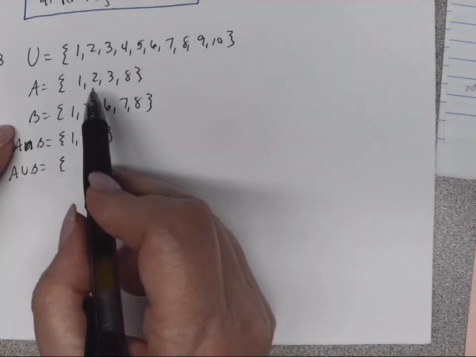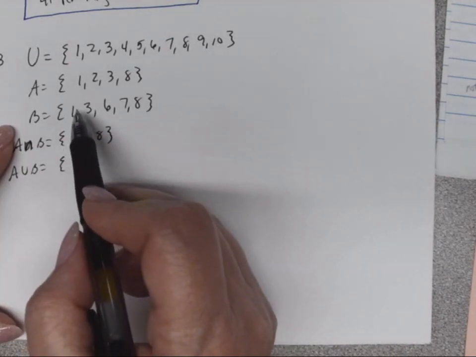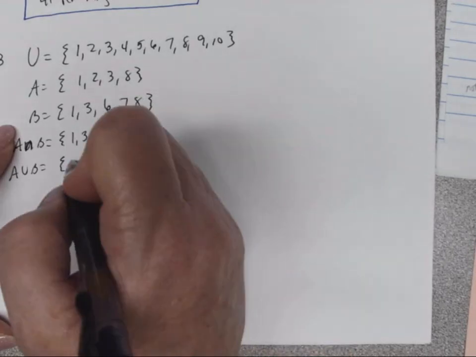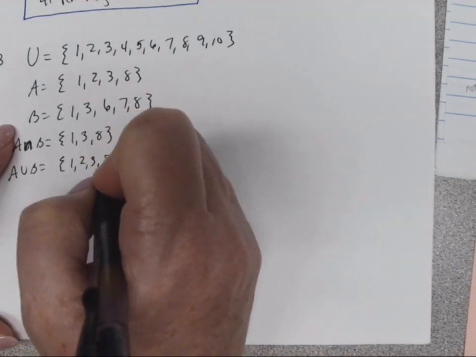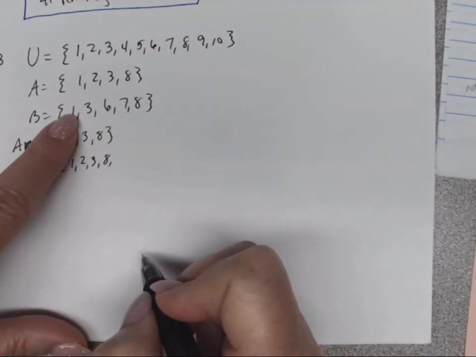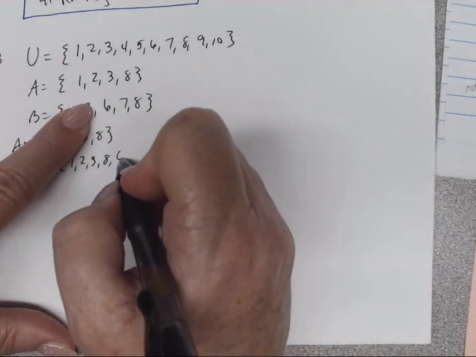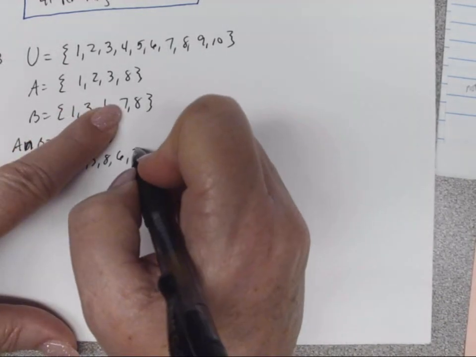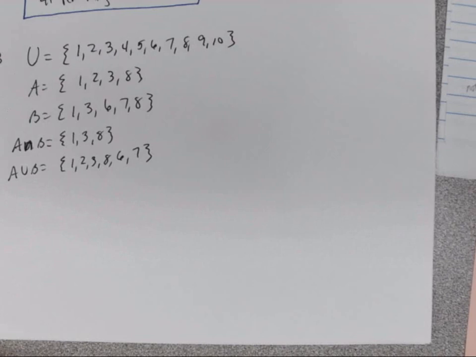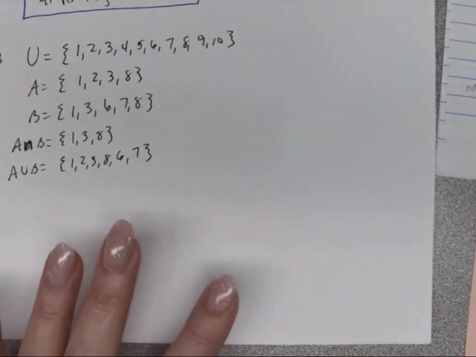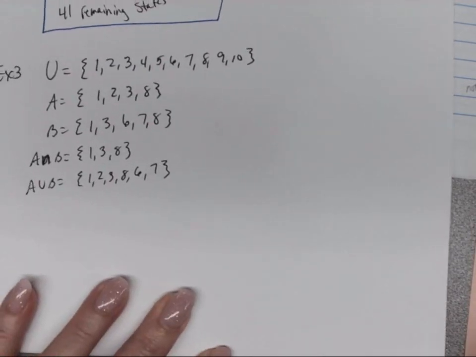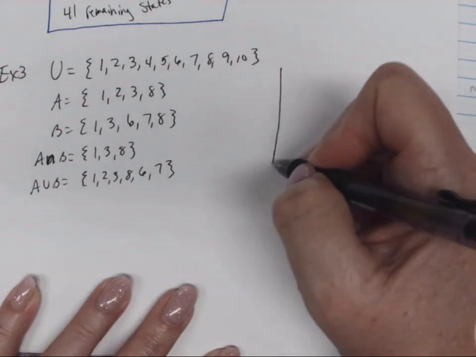So I'm going to take set A. We've got 1, 2, 3, and 8. So I've got 1, I've got 3, I need to add 6, and I need to add 7. So that would be our union. So now let's draw our Venn diagram.